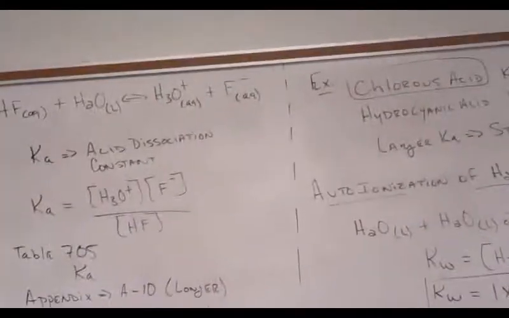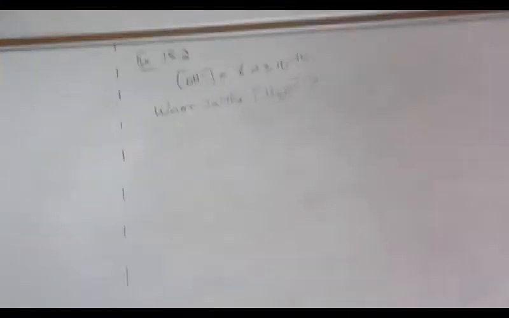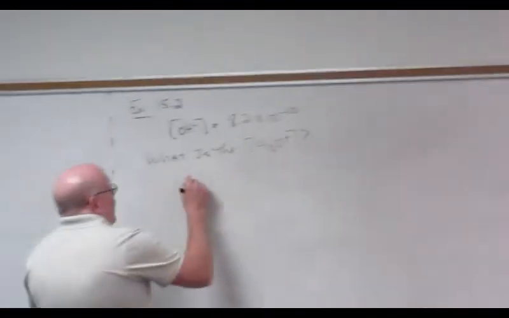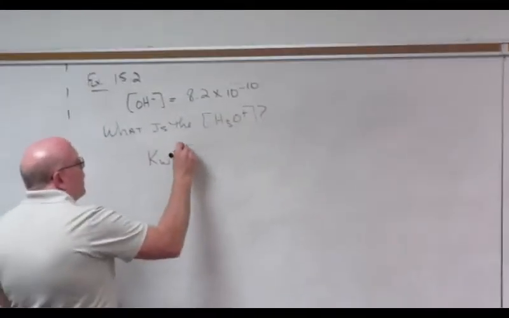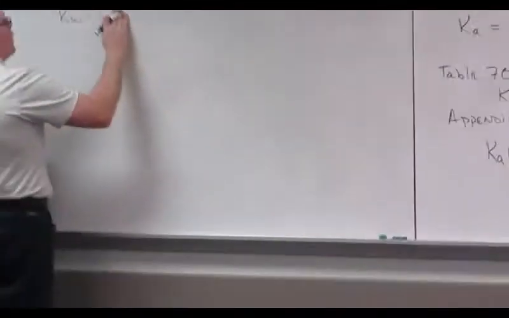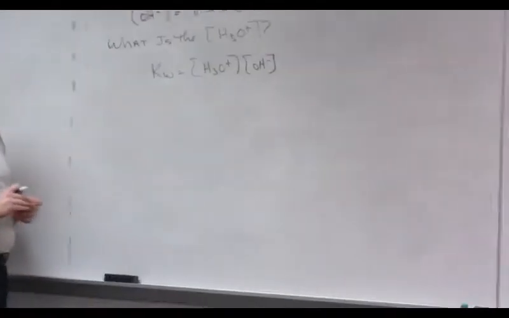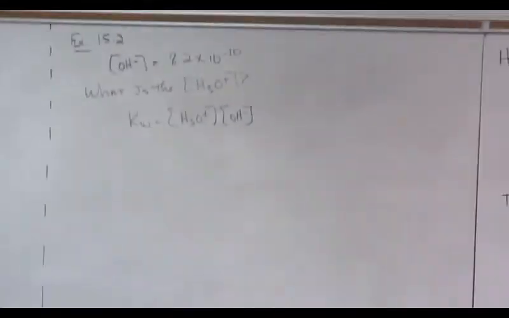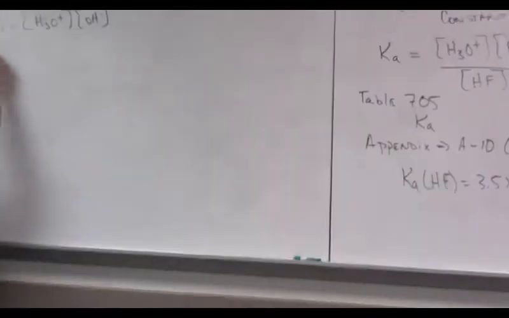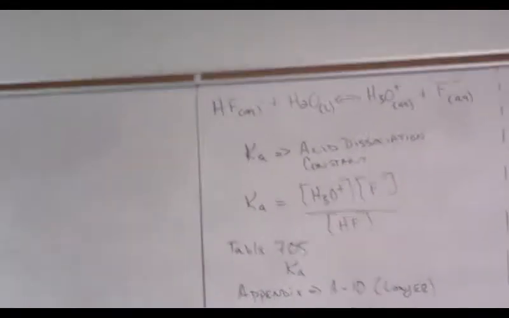If you know OH minus or H plus, you can find the other one because of that expression that we have there. The expression tells us that Kw equals this times this. We always know what Kw is, 1 times 10 to the minus 14. We don't know what H3O plus is.